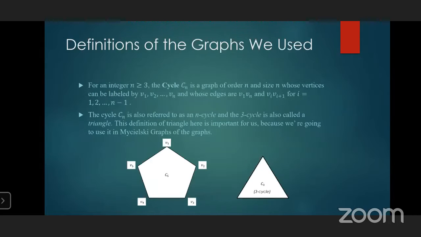After that, we can see the C5 cycle graph with 5 vertices, and the 3-cycle also, because we are going to use it in Mycielski graphs of graphs which are triangle free. The triangle we mentioned is the 3-cycle here.